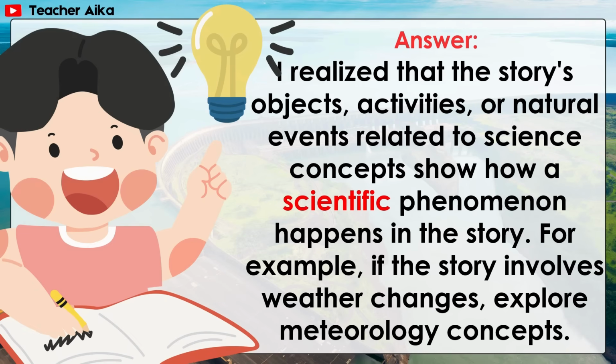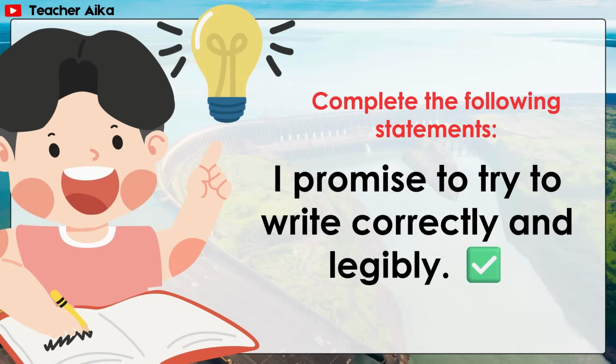I realized that the story's objects, activities, or natural events related to science concepts show how a scientific phenomenon happens in the story. For example, if the story involves weather changes, explore meteorology concepts. I promise to try to write correctly and legibly.